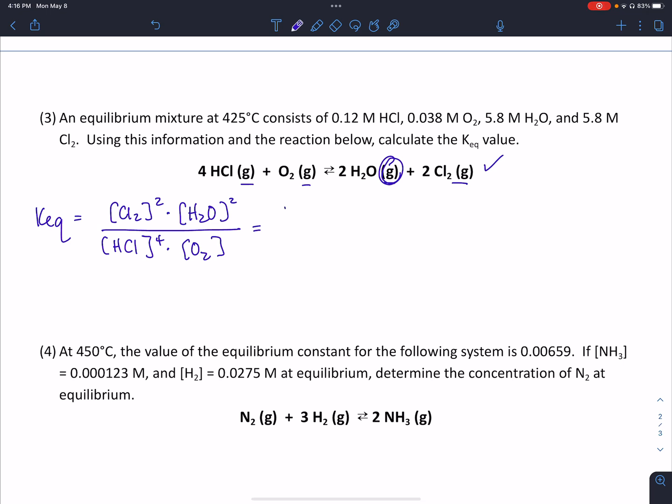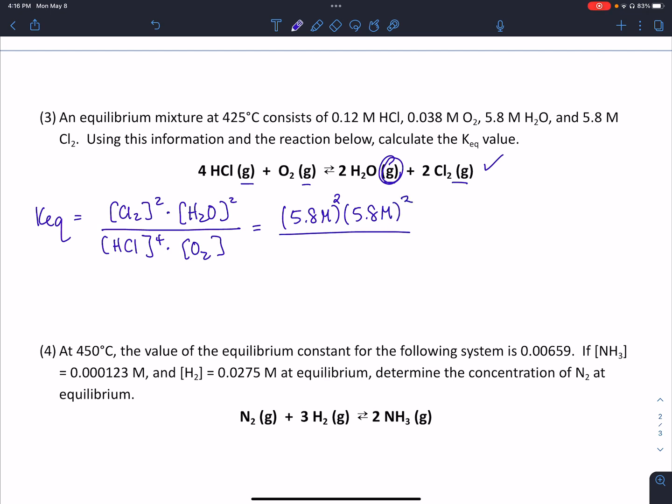All right, now we're going to plug everything in. We've got Cl2's concentration is 5.8 molar. We're going to square that times H2O's concentration, which is also 5.8 molar. We're going to square that too. Then we're going to divide that by the concentration of HCl, which is 0.12 molar.